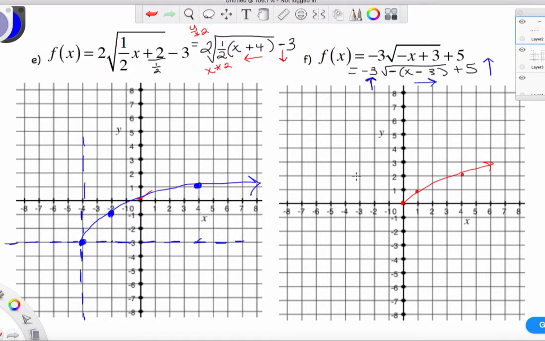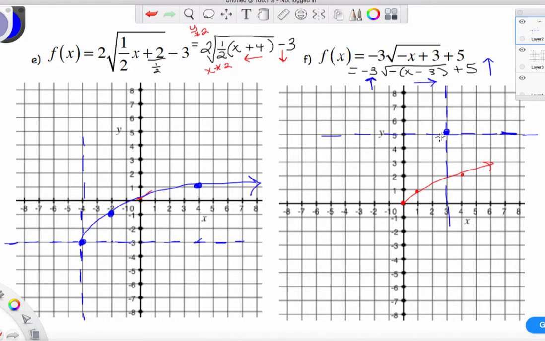Let's go ahead and take care of the easy part, which is the shifting. So I'm going to go to the right 3, 1, 2, 3, and I'm going to go up 5, 1, 2, 3, 4, 5. And then this is my new origin. It's my new XY axis. I'm going to ignore all the numbers on the old XY axis and pretend that this is the actual XY axis.